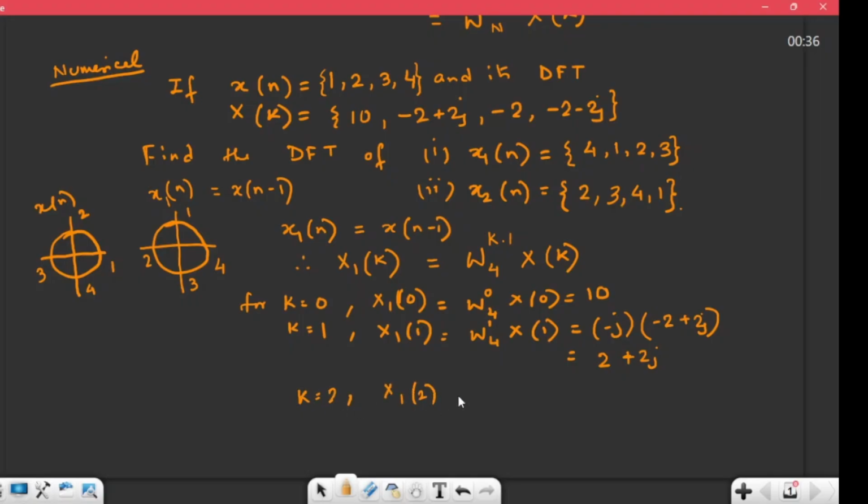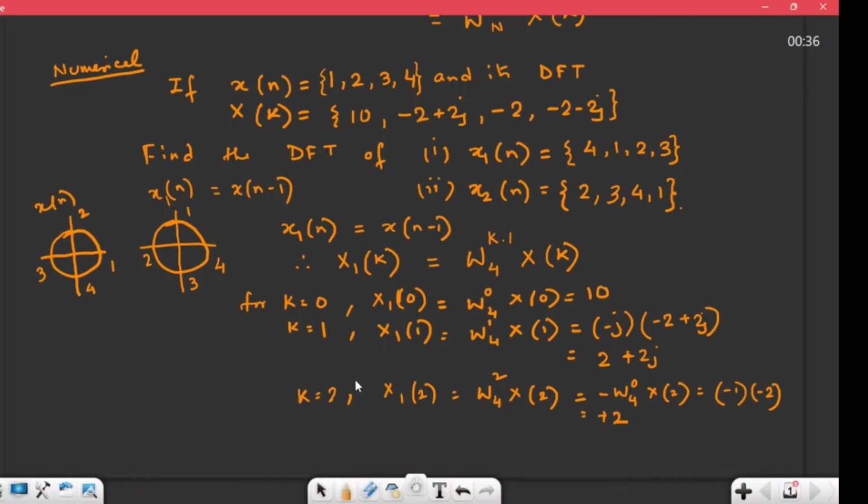Then for k equal to 2, X1(2) is equal to W4^2 into X(2), which is minus W4^0 X(2), equal to minus 1 into minus 2, which is plus 2.